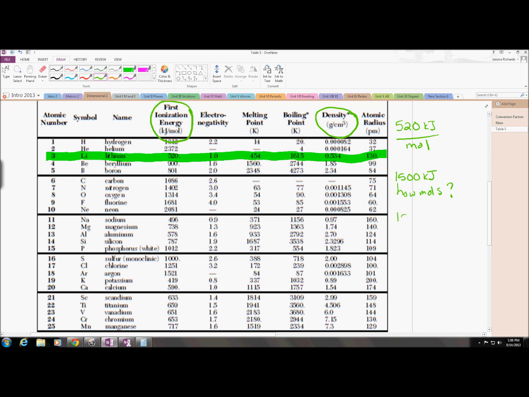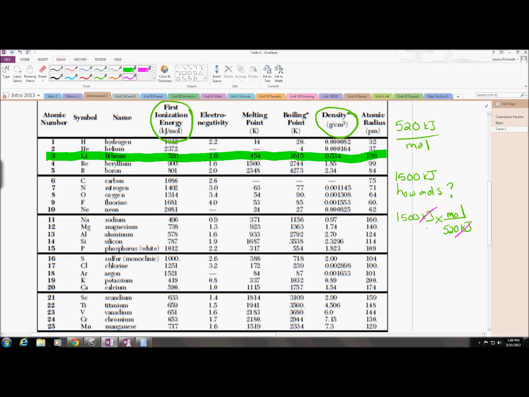So we start with our 1,500 kilojoules. We look at this factor up here and say, oh, I want kilojoules to cancel. So when I set up my factor, I'm going to put my 520 kilojoules on the bottom and my 1 mole at the top. So this way, the kilojoules cancel.